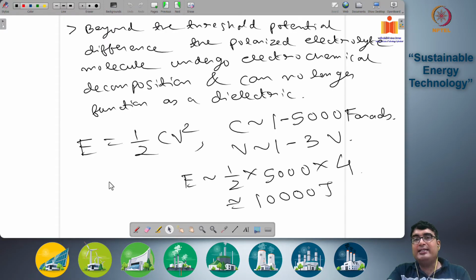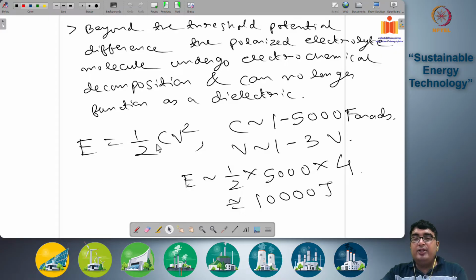So that is one disadvantage, because beyond this threshold potential difference of 1 to 3 volts, the polarized electrolyte molecule begins to undergo electrochemical decomposition and can no longer function as an electrolyte. The electrolyte molecule itself will start breaking apart into positive and negative ions beyond this potential gradient, and hence can no longer function as a dielectric separating the charges. So that's why you have a smaller potential difference.